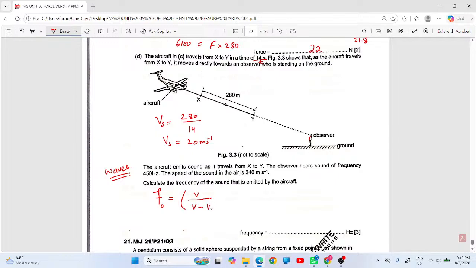So observed frequency equals 340, the speed of sound, over 340 minus 20, and the source frequency is 450 hertz.